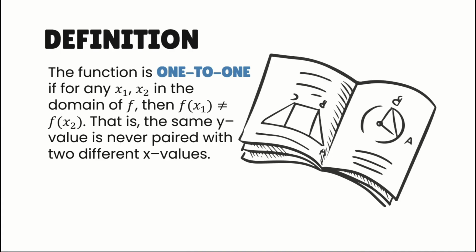So in this case, for a one-to-one function, both the first and second element ay hindi mauulit yung value. Okay, so the same y value is never paired with two different x values.